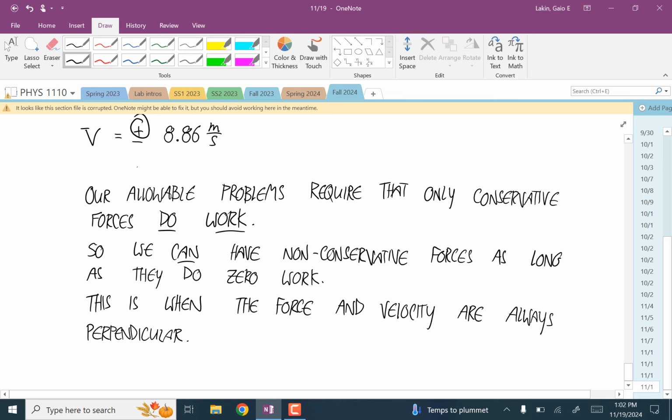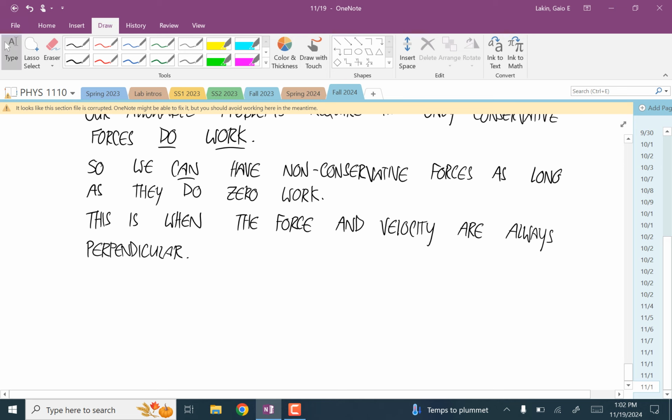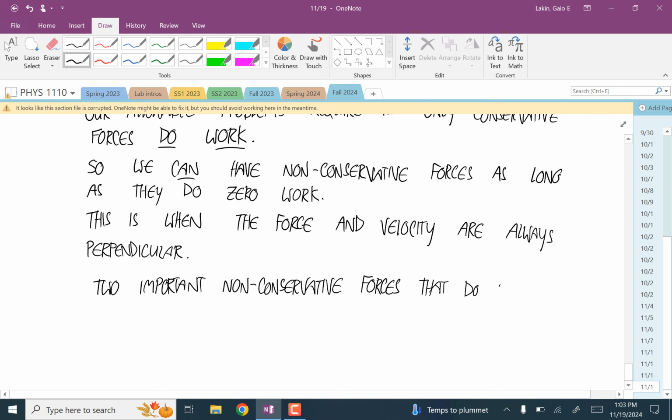Okay, so there are 2 really important cases. So here are 2 important non-conservative forces that do 0 work.